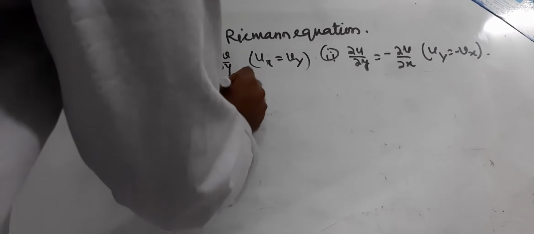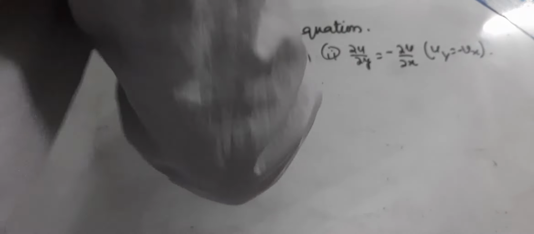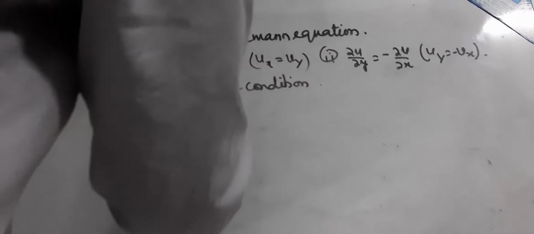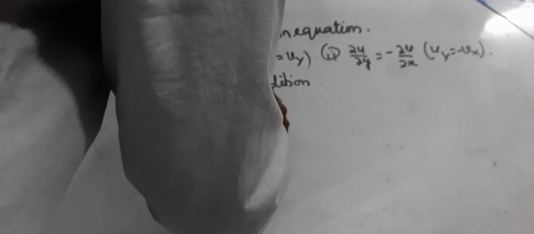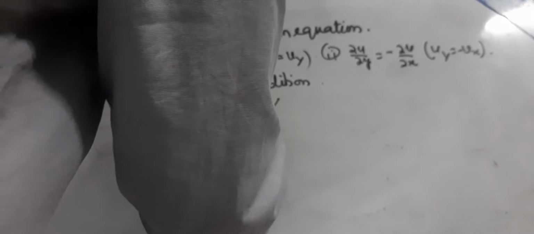Necessary condition. So the necessary condition: if our function is f(z) equal to u plus i v, so f(z plus delta z) will be u plus delta u plus i v plus delta v.